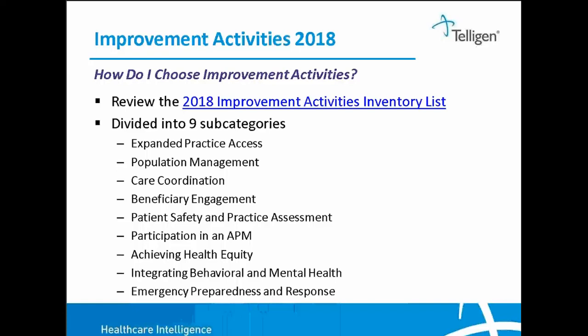You'll see at the end of our presentation as well. So we highly recommend you review this list carefully. As I said, we're going to touch on some of these key highlights, but by no means is this all-inclusive. So the activities can be from any of these 9 subcategories you see here. There are no requirements for the subcategory or number per subcategory that you choose. It's completely up to you.